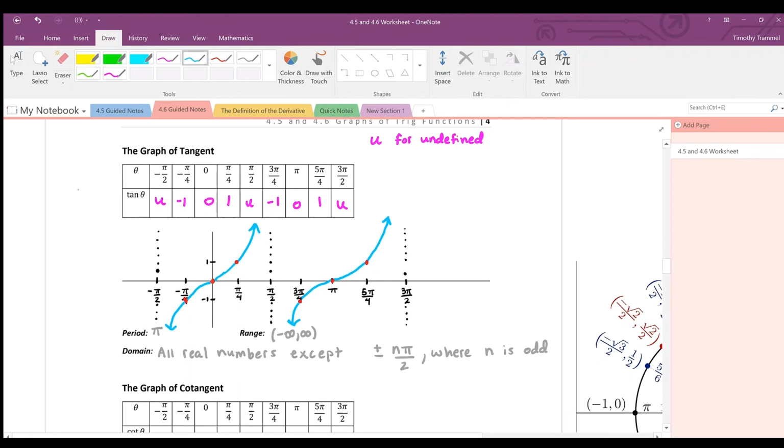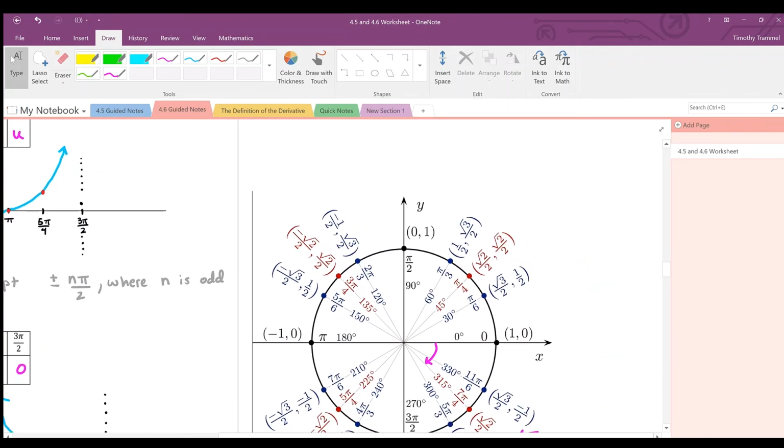Okay, so let's think about this pi over 2 here. So if we come over here to pi over 2, we're thinking about this spot right here. Now you can see if I were to do y over x, tangent of pi over 2, I'm going to run out of luck. This will be undefined. I'll have 1 over 0.